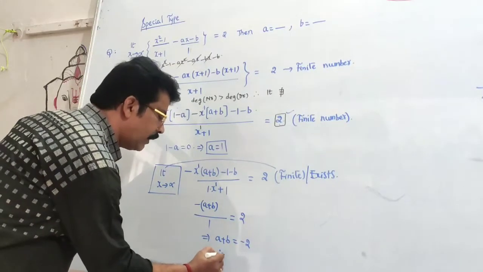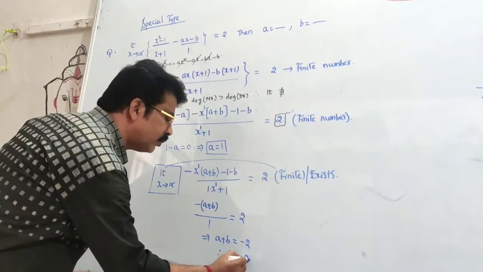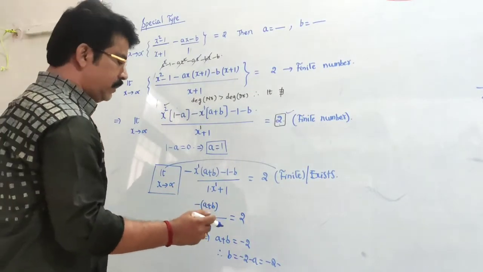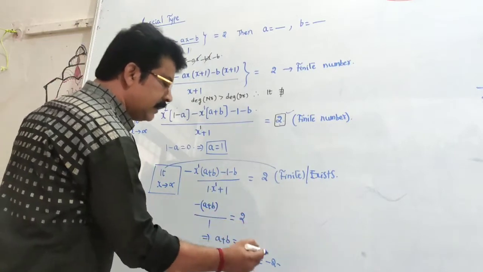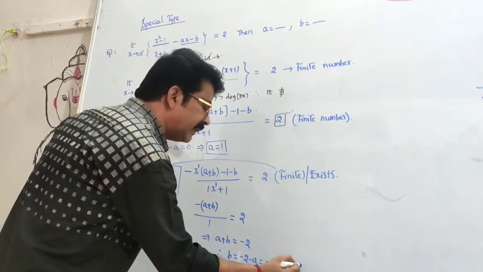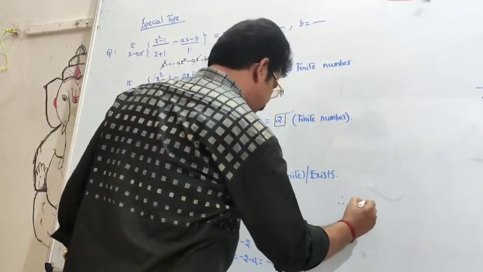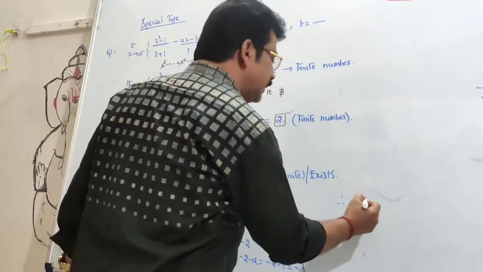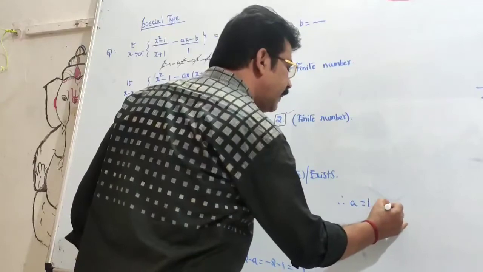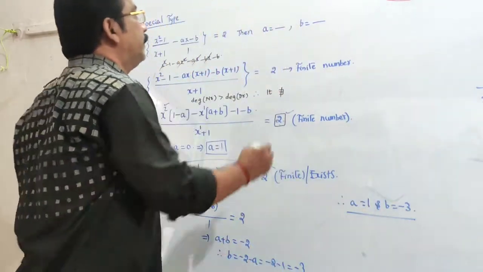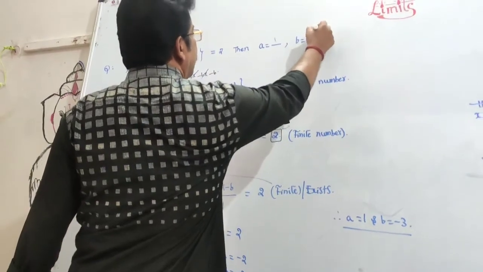So therefore b is equal to minus 2 minus a. A is equal to 1, so that is equal to minus 3. So therefore a value is 1 and b value is minus 3.